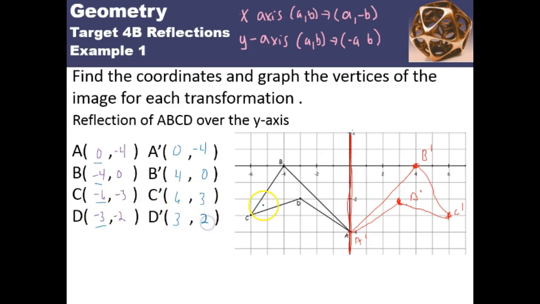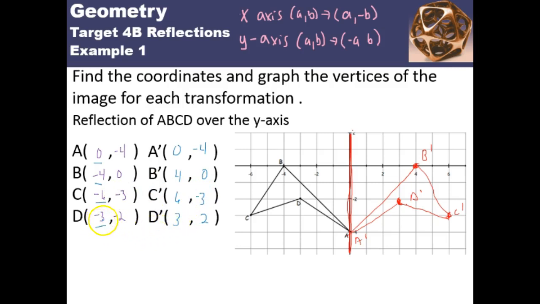So now let's just check and make sure that's correct. So we said here's B prime, and B prime is 4, 0, and that's what we said it was going to be, 4, 0. And C prime is right here, and that's 6, negative 3. Oops, and if I look over there, I made a mistake. This says 6, 3. This was 6, negative 3, so that should have said 6, negative 3.